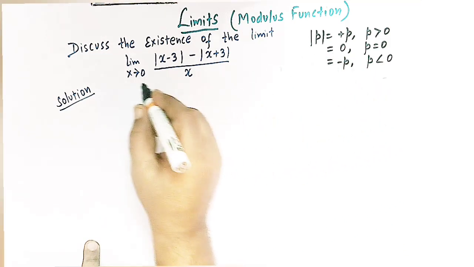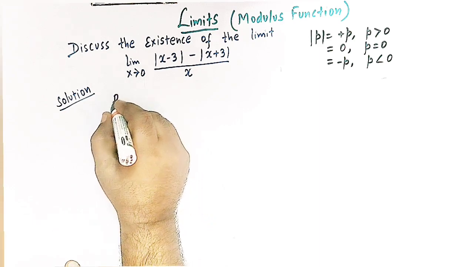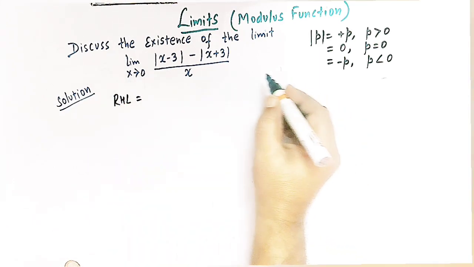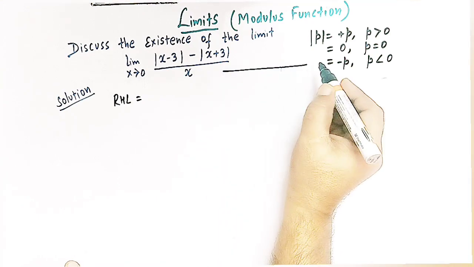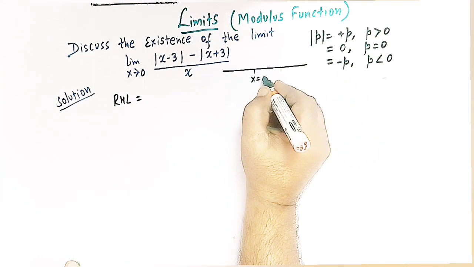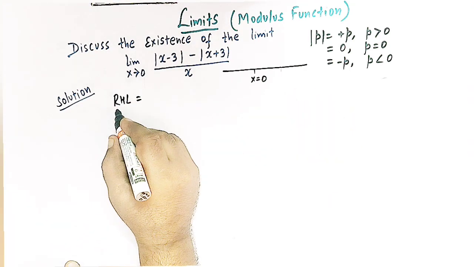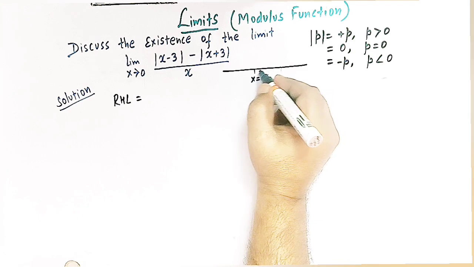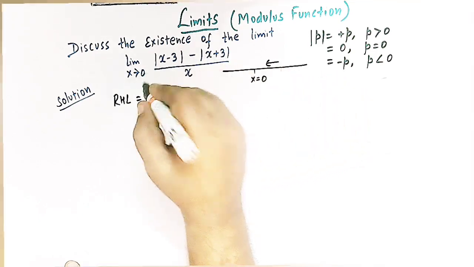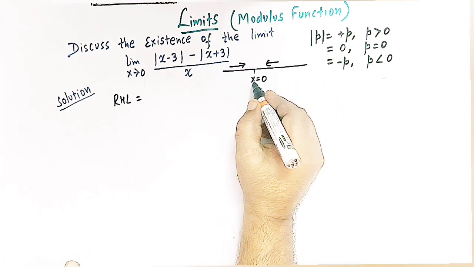So let us first find out the right hand limit. See here, x tends to 0. If we draw the real number line here, and here we have the point x is equal to 0. When we find the right hand limit, we approach from the right of x is equal to 0, and when we find the left hand limit, we approach from the left of x is equal to 0.